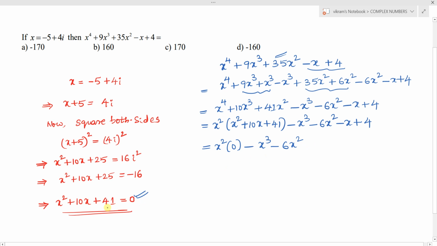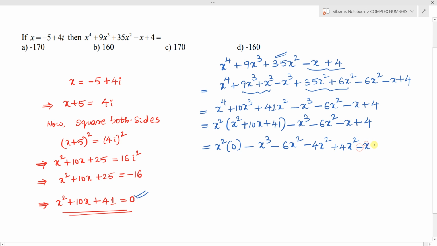Now we have minus x cube, minus 6x square, and to get into the form of x square plus 10x plus 41, if I take x square common, I will get x square into x minus 6x. So x square minus x is common, and I can add minus 4x square plus 4x square.